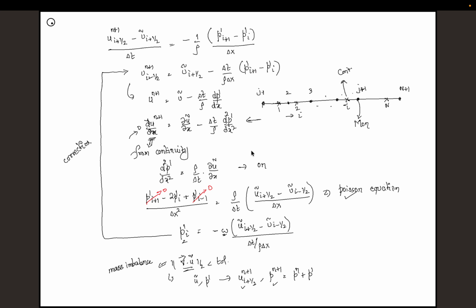So the only difference from this when we move to 2D is in the grid we have a little more complexity. As in, let's say if this is my domain, these are my actual domain boundaries. Let's say these are my cells.